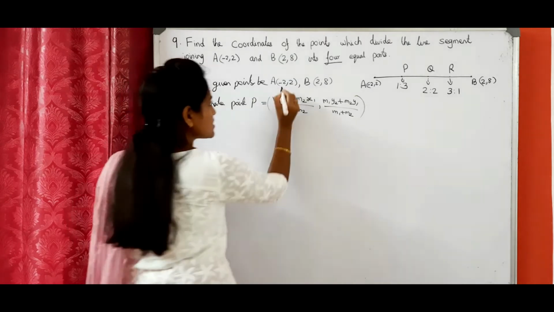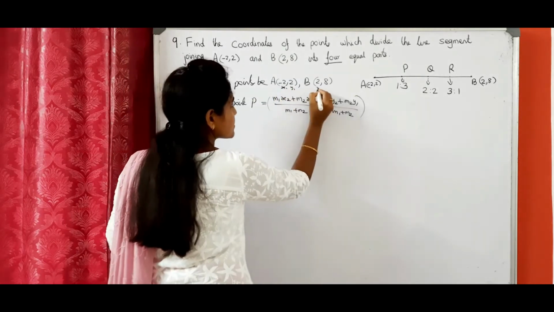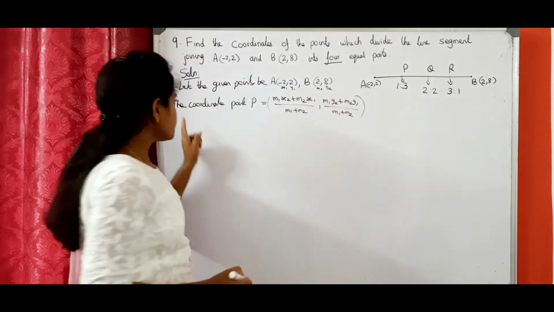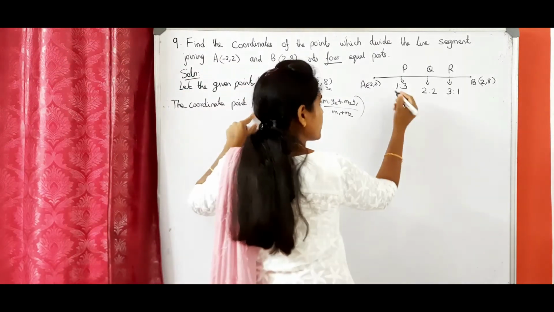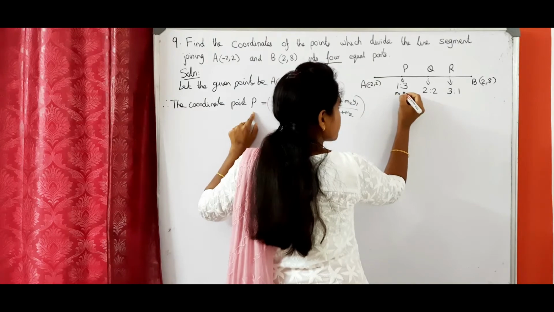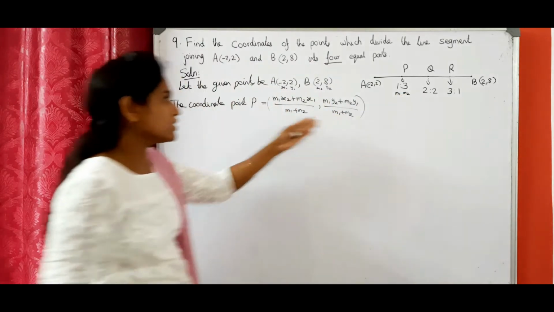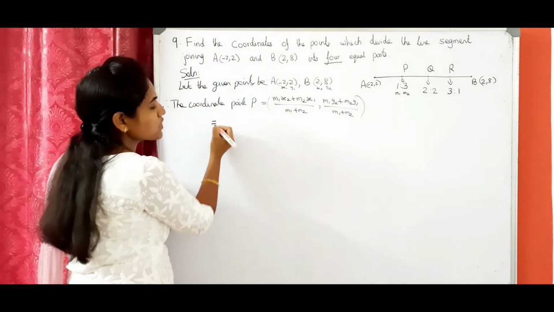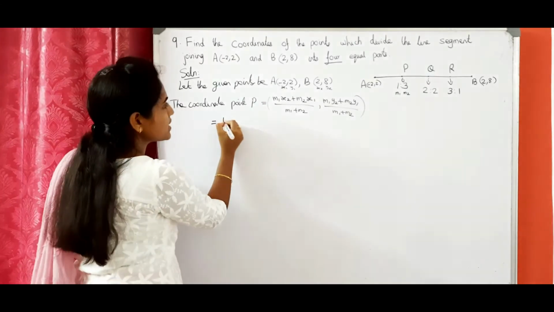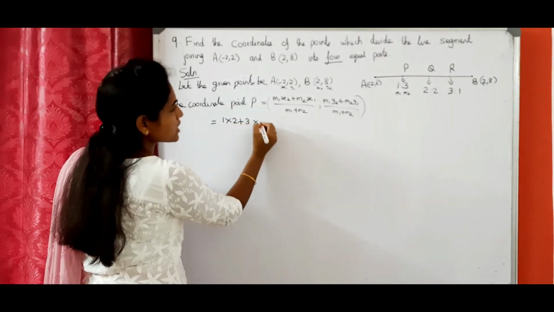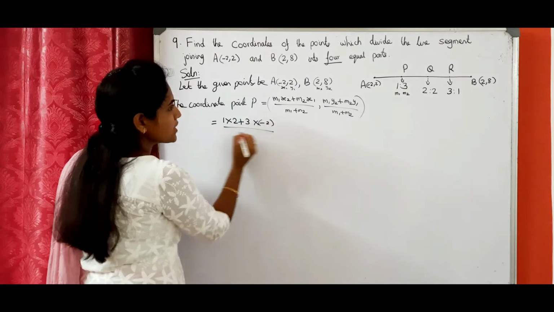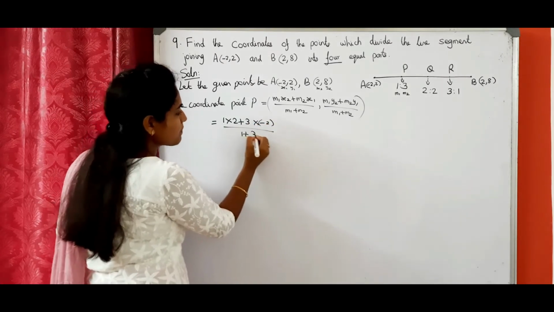Now we see this is x1, y1 and this is x2, y2. We need to find the coordinate point P. Therefore we take the ratio 1 is to 3, so this is m1 and this is m2. Apply all the values in the formula. Equal to m1 into x2: 1 into 2, plus m2 3 into x1 minus 2, divided by m1 plus m2, 1 plus 3.